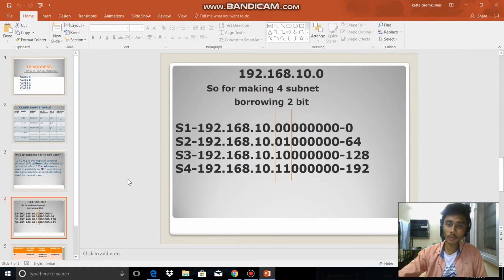For making four subnets, borrowing two bits: S1 is 00, S2 is 01, S3 is 10 and S4 is 11. These are for making four subnets.